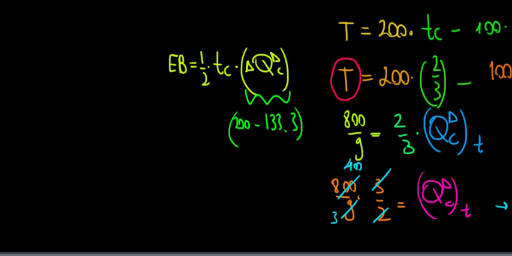The tax of coffee is equal to 2 over 3, and also times 1 over 2, so that's equal to the excess burden.